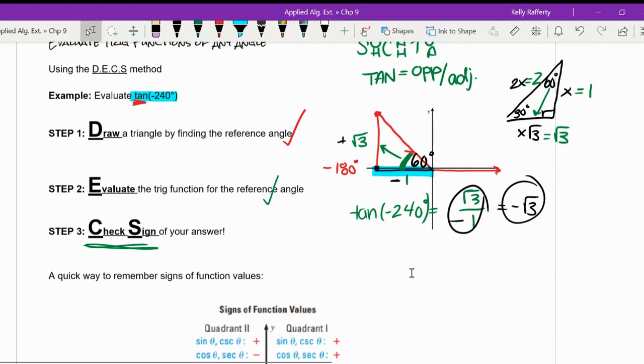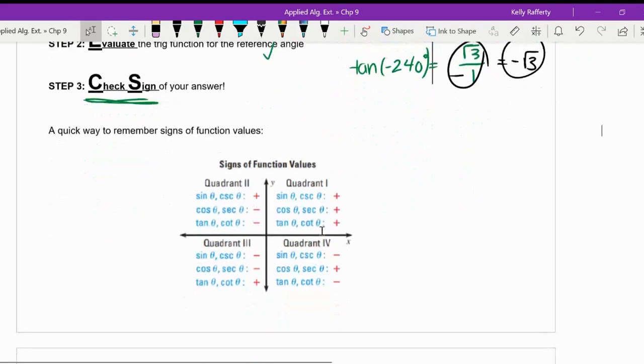All right, so I'm going to go over this quickly and then end this video and finish some practice. To remember quickly the signs, if you'd rather not draw a triangle, then we use this little mnemonic device. In quadrant 1, all of the trig functions are positive.